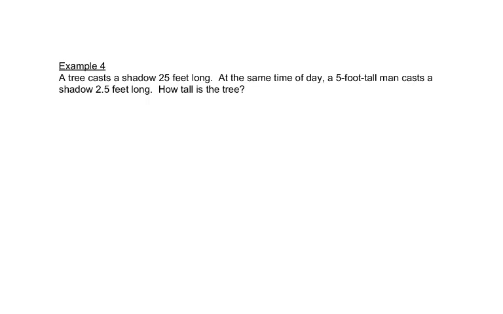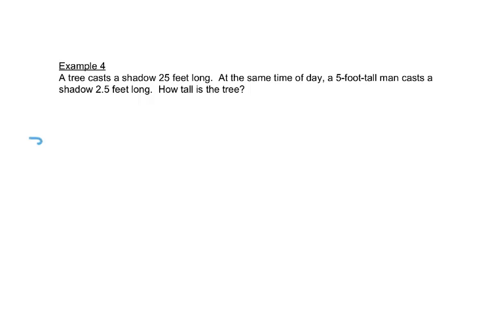So the real power of proportions is to help us solve word problems. A tree casts a shadow of 25 feet long. The same time of day, a 5-foot tall man casts a shadow of 2.5 feet long. How tall is the tree? In this situation, we have two things going on. We're talking about shadows and we're talking about height.